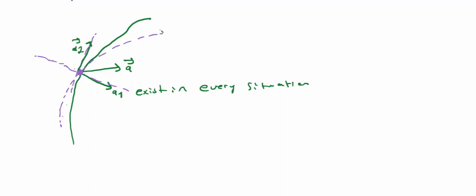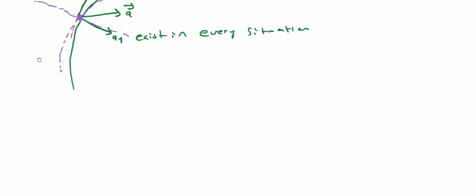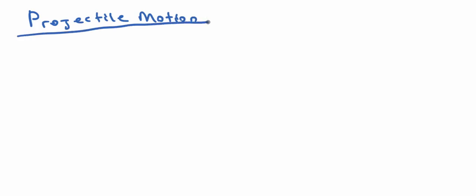Now, after we finish this, we can go to projectile motion. Projectile motion is, for instance, a rock thrown from a cliff or a bullet thrown at an angle.